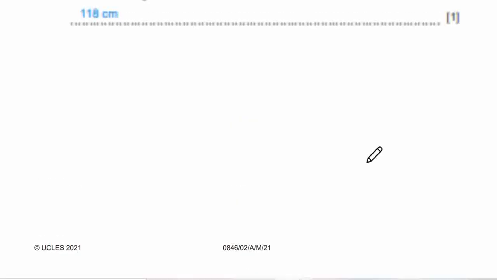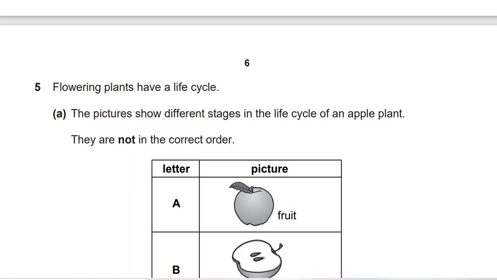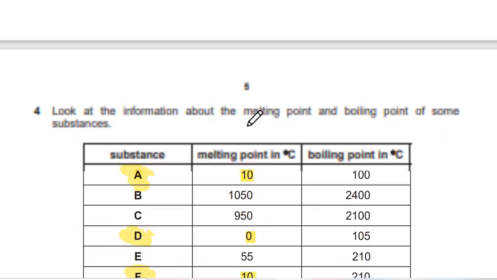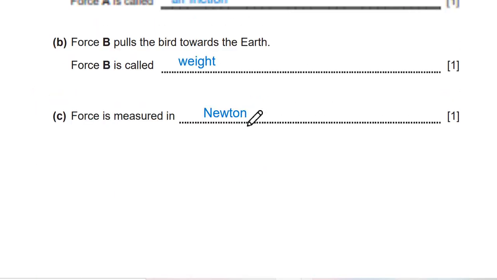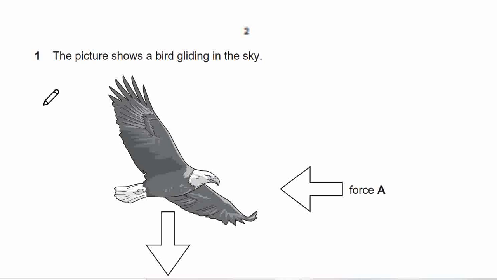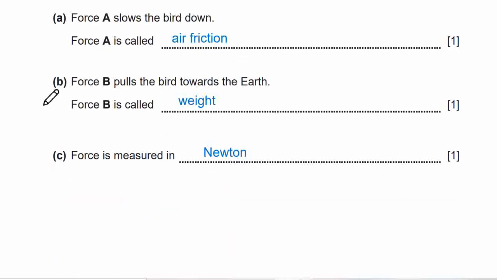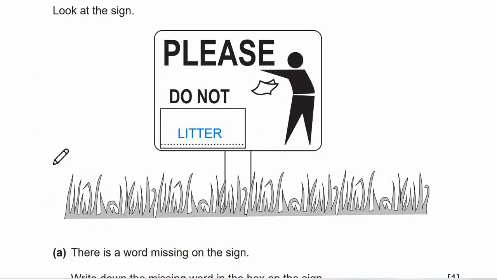So that is the last question. Now we will scroll all the way up so you can take a screenshot of the mark scheme. So this is the mark scheme for number 1, A, B, C. Okay, this is the mark scheme for number 2.